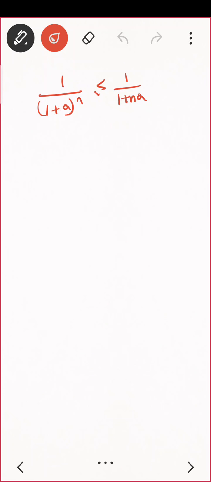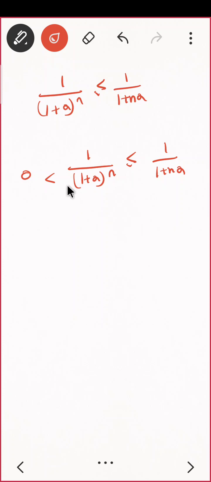Now one more observation. Do you see this guy goes to 0 as per the previous proof? Yes. And can I write like this? 1 upon 1 plus a raised to n is lying between 1 upon 1 plus na and 0. Can I say like this?